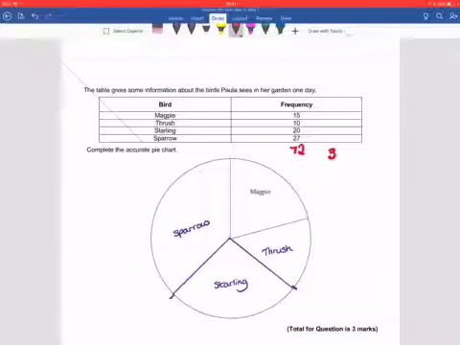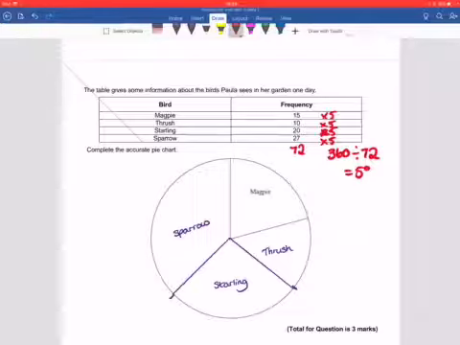So I have to work out what each one is worth, and 360 divided by 72 is 5 degrees. So each bird is worth 5 degrees. So you do 15 times 5, 10 times 5, 20 times 5, and 27 times 5.